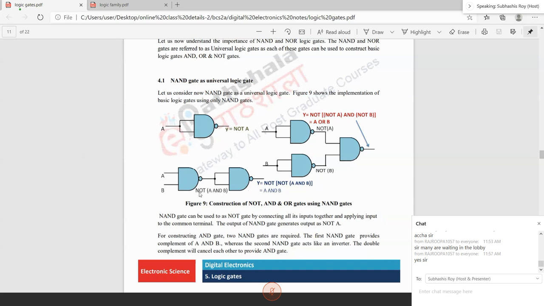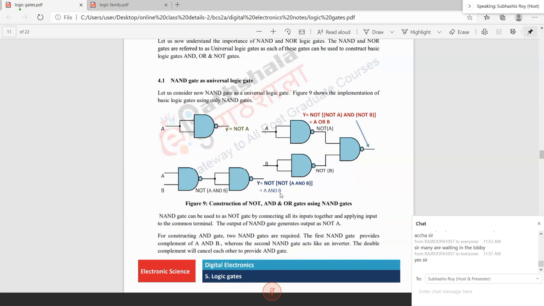This is actually not of A and B. And if you do another not, the not of not, then you are getting A and B. So this is actually A and B.